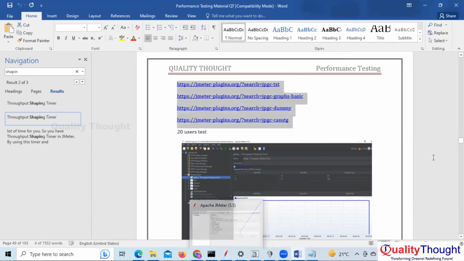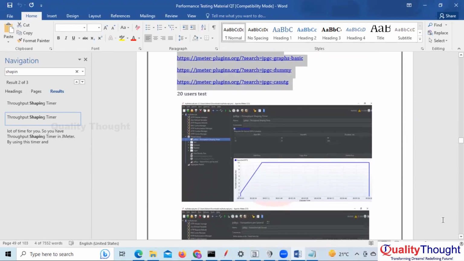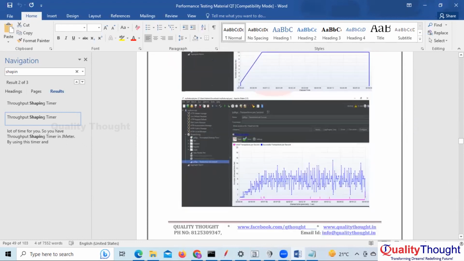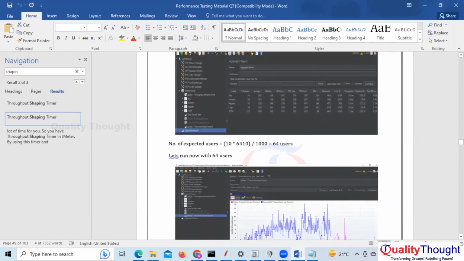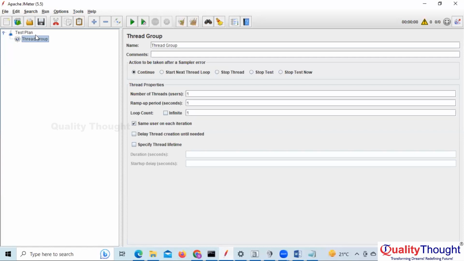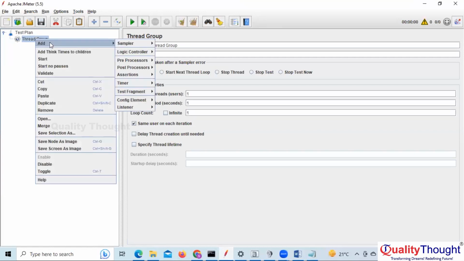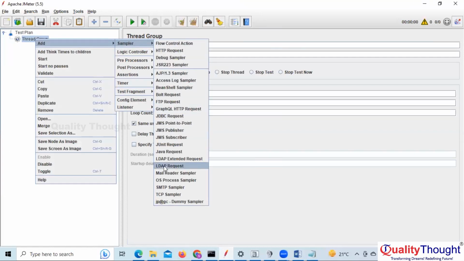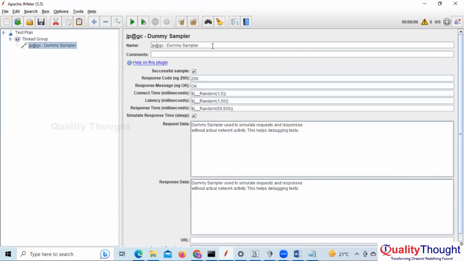So now let us talk about the current topic. For example, I am running a scenario, which is a search scenario. Just think that this is search.